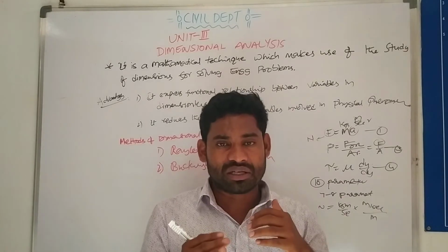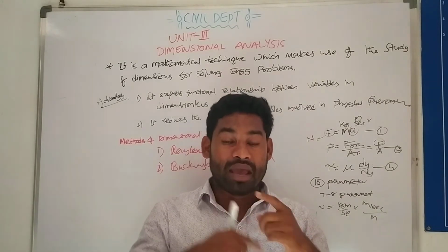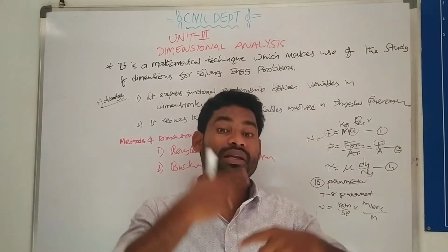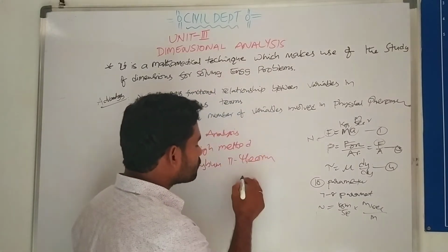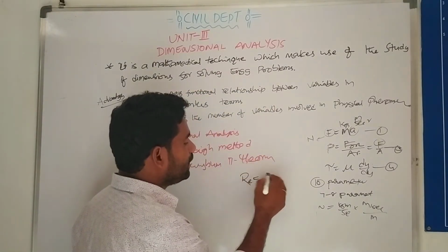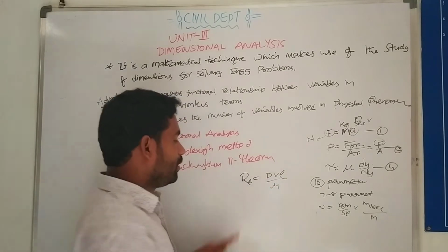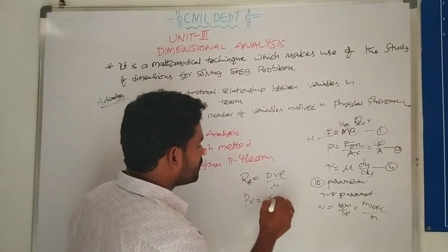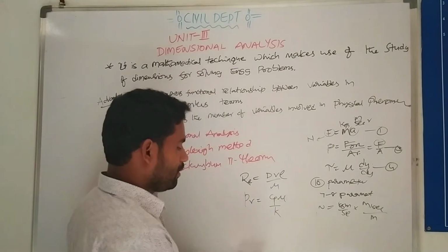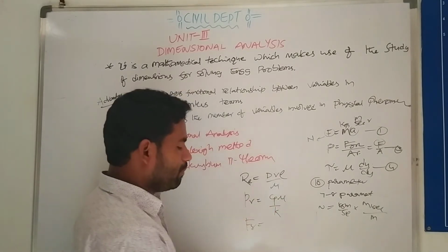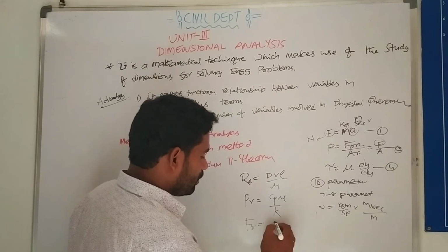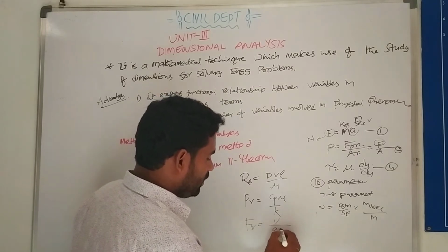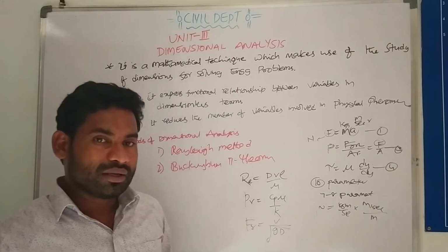In dimensional analysis, we can use dimensionless numbers. Let us take the Reynolds number, Re equals rho V d by mu, the Prandtl number, Cp mu by K, and the Froude number, Fr equals V by root g d.